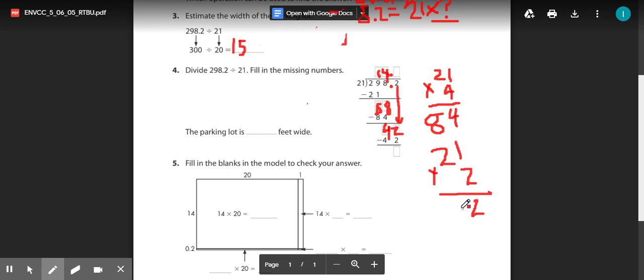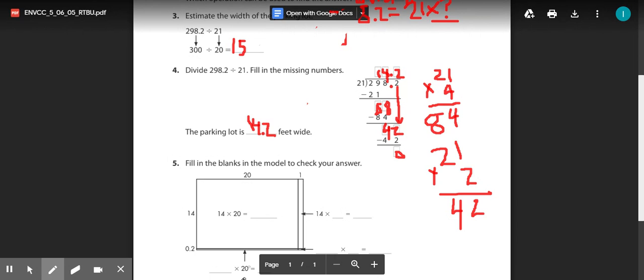And 2 times 2 is 4. So that gives me 42. So 2 times. Okay, 42 minus 42 gives us 0. So now the parking lot is 14 and 2/10 feet by 21 feet wide.